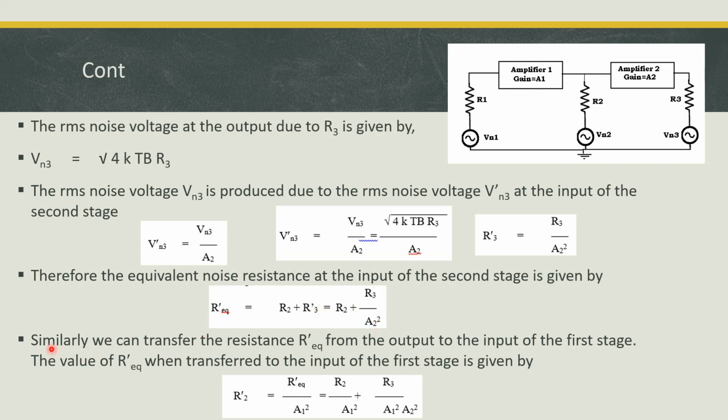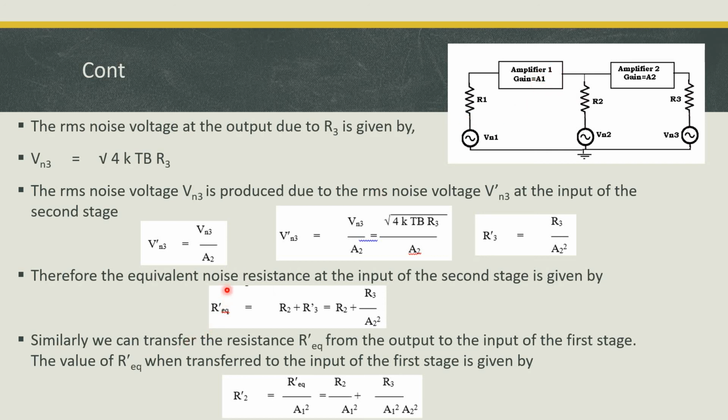Similarly, we can transfer this R equivalent, R2 plus R3 dash is available, no? That we have to transfer from the output of amplifier 1 to the input of amplifier 1. So then we have to again divide by using the gain factor A1.